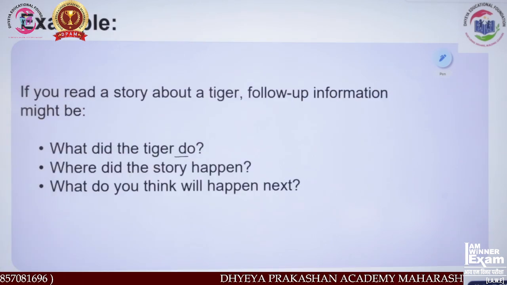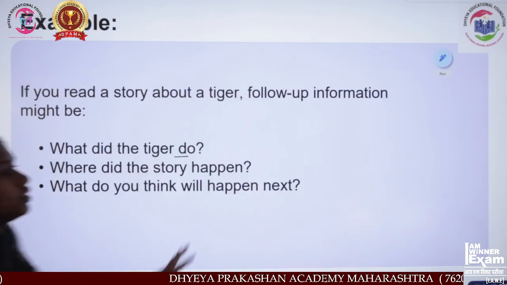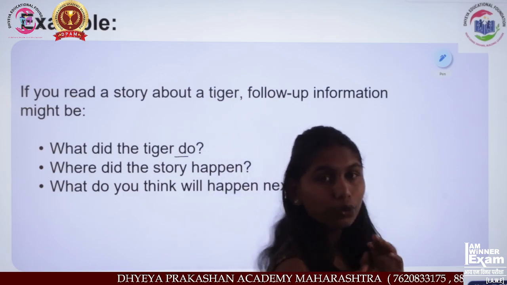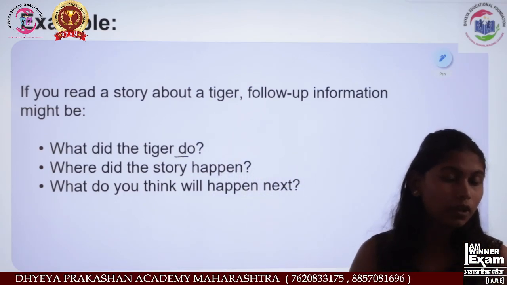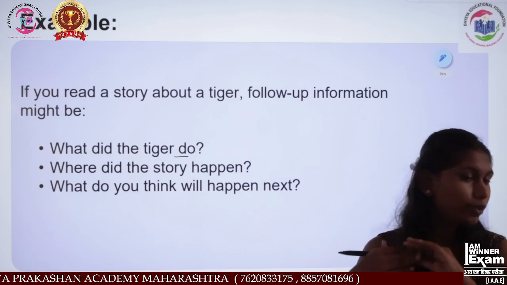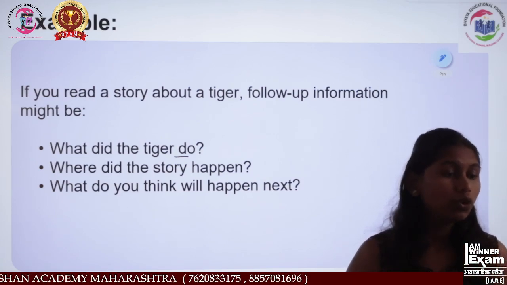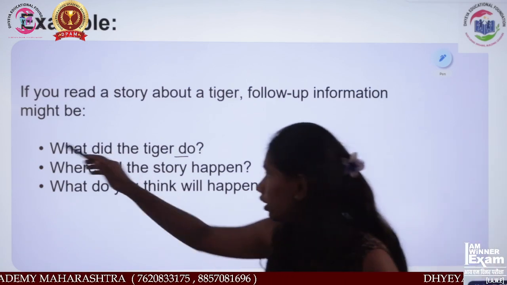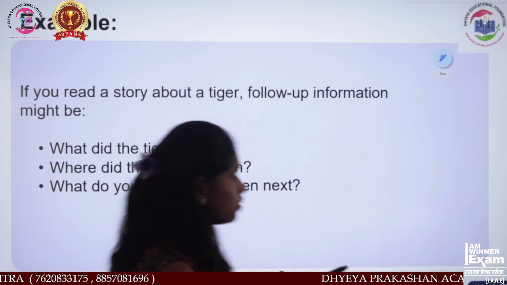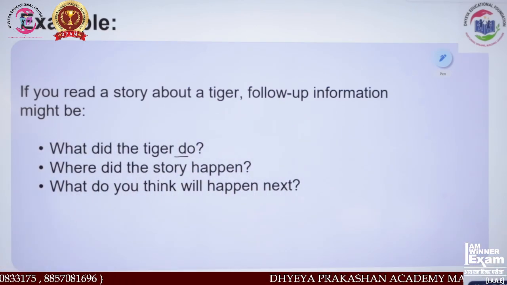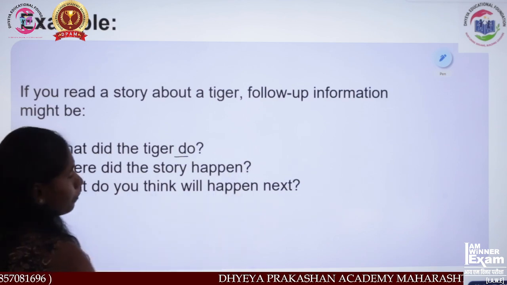Okay. Then next, this was the example. Just like that, if you read a story about a tiger, you have to follow the information. Suppose in the story a tiger is sleeping. So what is the first question? What did the tiger do? The tiger was sleeping is the answer. Then where did the story happen?